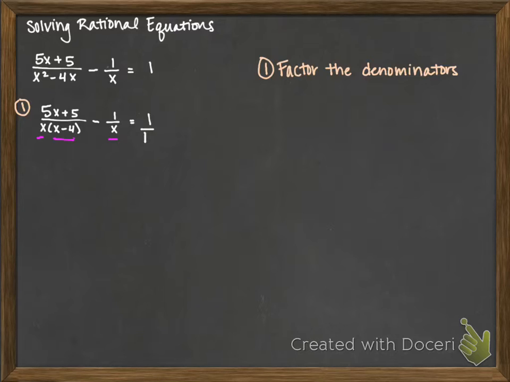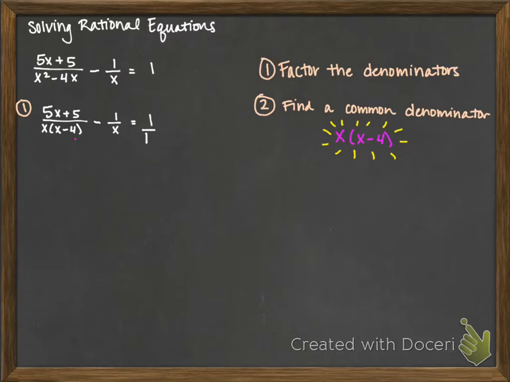Then I changed my 1 into a fraction as 1 over 1, so I could figure out what the denominator of this one is, which is just a single 1. That's totally fine. If I have 1 times anything, it's itself, so I don't have to worry about that when figuring out the common denominator. So our common denominator is x times the quantity x minus 4 for this specific problem.